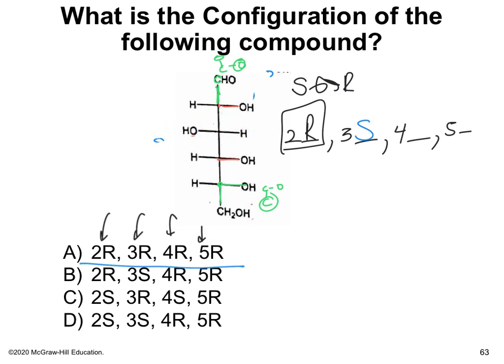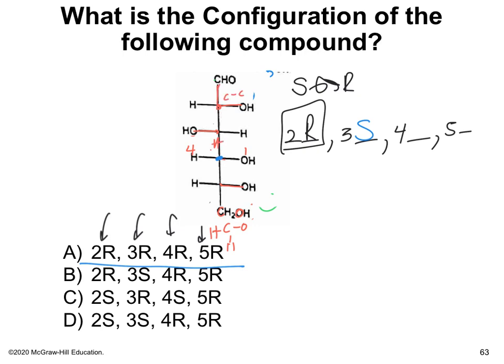All right, let's go to the next one. Okay, so we're here, and we're assigning priorities. So this is going to be number 1. This is going to be number 4. Now we have CO, CO, so they're the same, tie, and then we have CO. This is CO and CH and CH, but this one goes to CC.